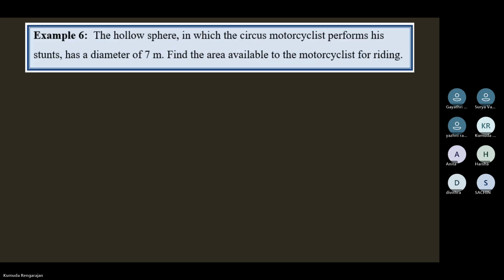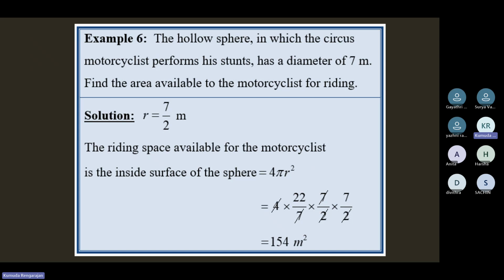So this is about a motorcyclist performing in a circus. You must have seen that, no? A spherical cage made of iron, you know.